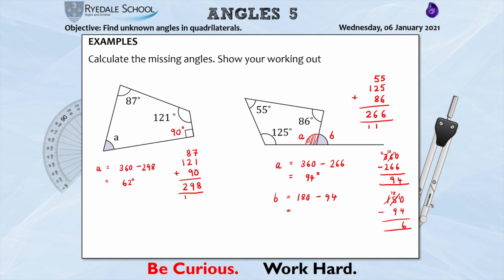So again I will exchange. 17 take away 9 is 8. So the answer to that one is 86. And again, always try and avoid using your calculator with angle questions, because it's great practice of either mental maths or those written methods that we did some work on earlier last term.